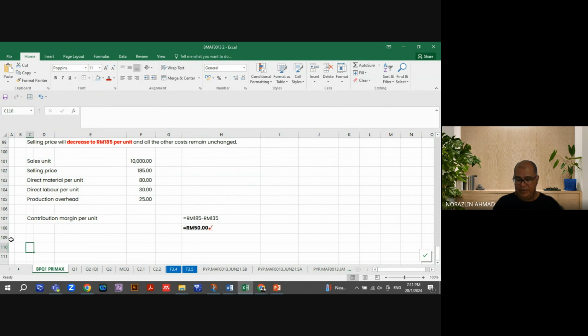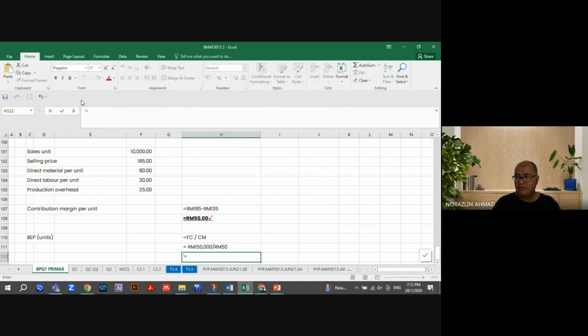Okay, and then BEP in unit. BEP unit, the same formula. Fixed cost divided by contribution margin, 150,000 divided by 50, equals 3,000 units. Only 1 mark, because the formula we use is the earlier one.